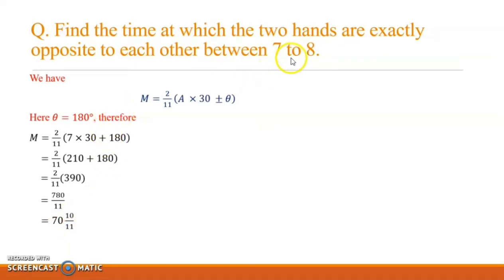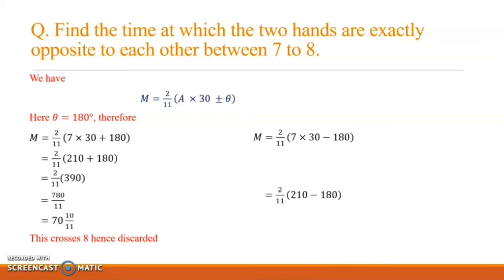So it crosses 8. But we are interested in what? The time between 7 to 8, where the two hands are exactly opposite to each other. So we discard this as it crosses 8. And therefore, the next one, taking minus theta, on simplification gives us this.